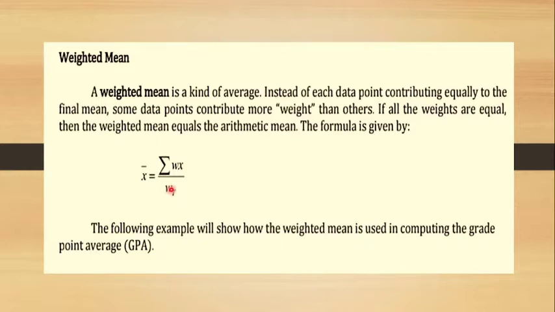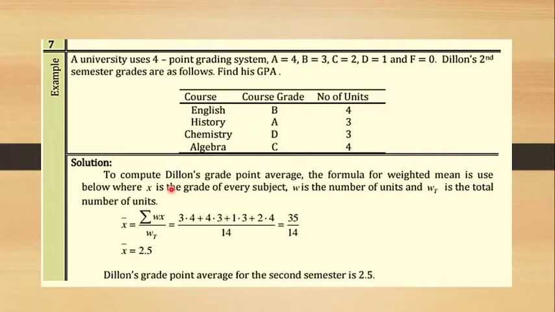The following example will show how the weighted mean is used in computing the grade point average, or the GPA. A university uses a 4-point grading system. A is equal to 4, B is equal to 3, C is equal to 2, D is equal to 1, and F is equal to 0.